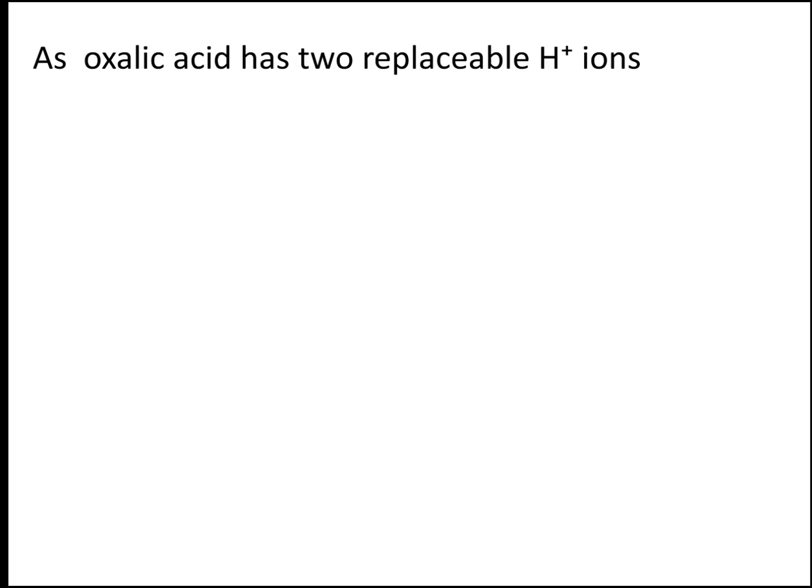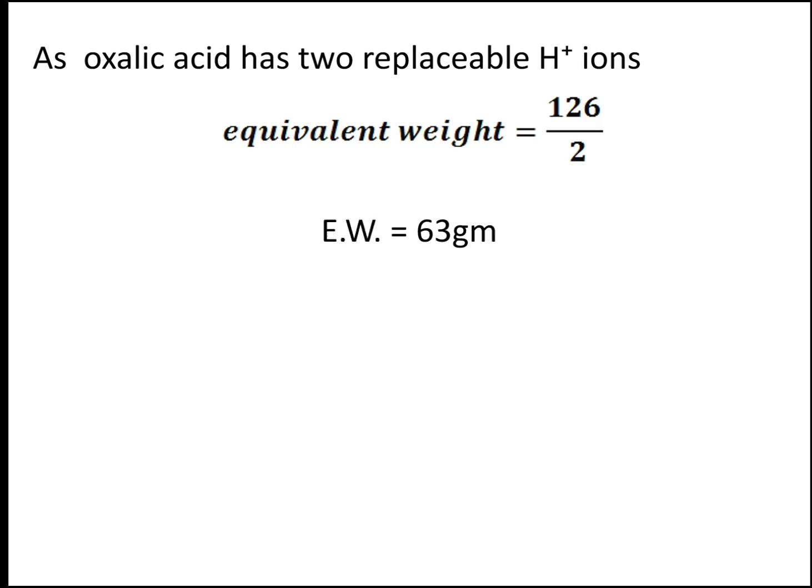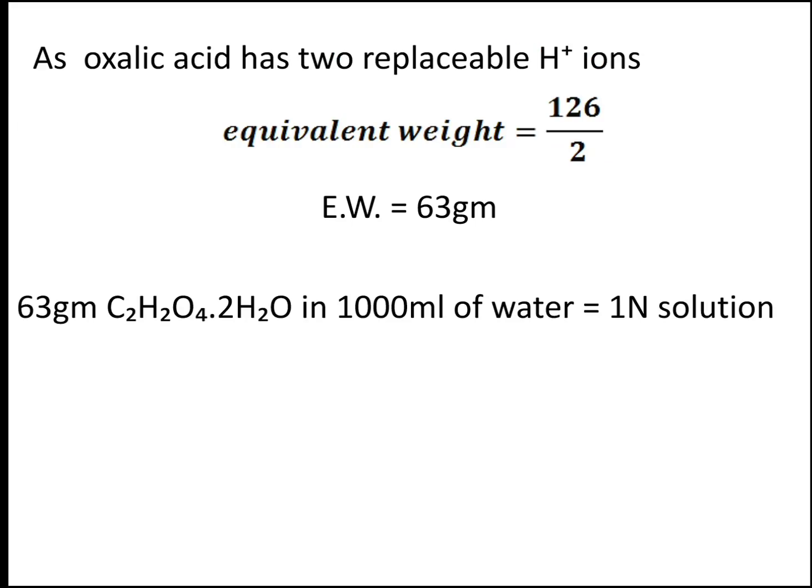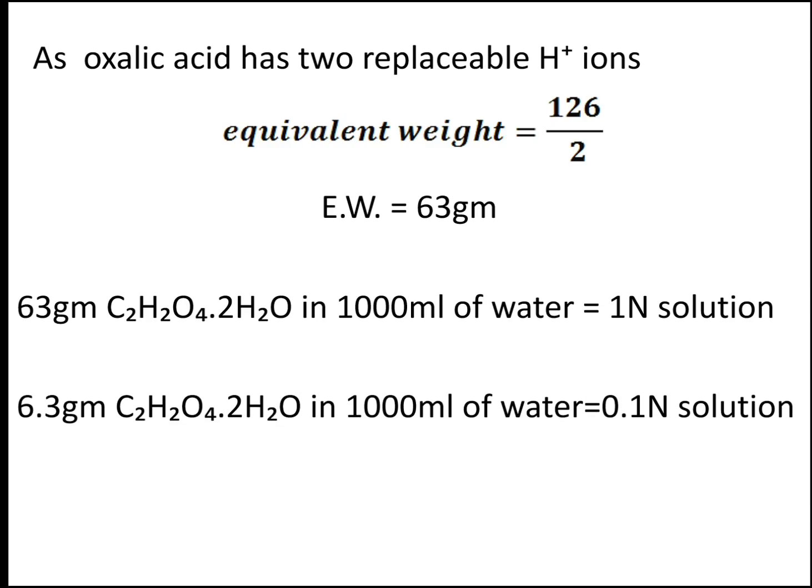As oxalic acid has two replaceable H plus ions, its equivalent weight is equal to molecular mass divided by its basicity, which is equal to 2. Means it has an equivalent weight of 63 grams. If we dissolve 63 grams of oxalic acid dihydrate in 1000 ml of water, it will give us a solution of 1 normal strength, as we discussed earlier in case of sodium hydroxide.